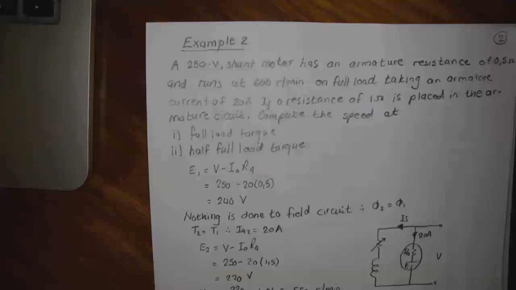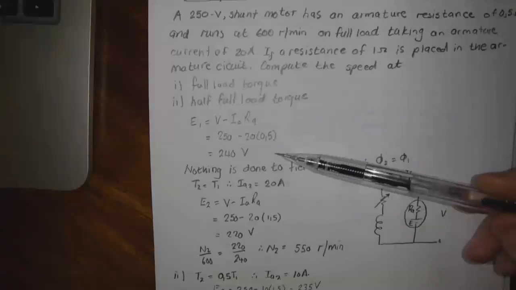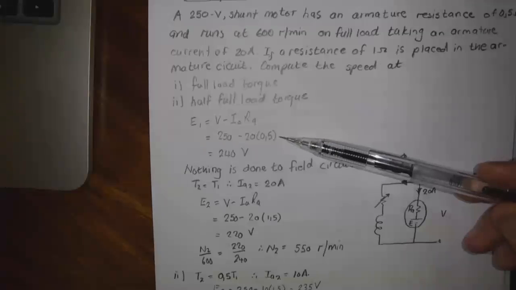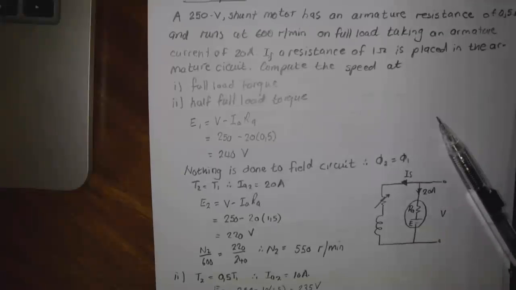If a resistance of 1 ohm is placed in the armature circuit, compute the speed at full load torque and at half full load torque. So at full load, then we get 250 minus 20 times 0.5. That gives us 240 volts.